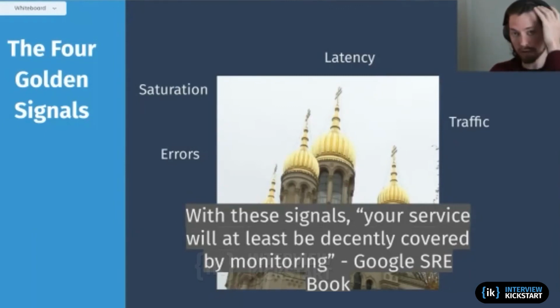And then if you know the four golden signals, you can think, okay, well, let's think about this service in terms of traffic. How do we know how much demand is being placed on it? What metrics can we expect there? What about saturation? What resource will be the first bottleneck with this service?